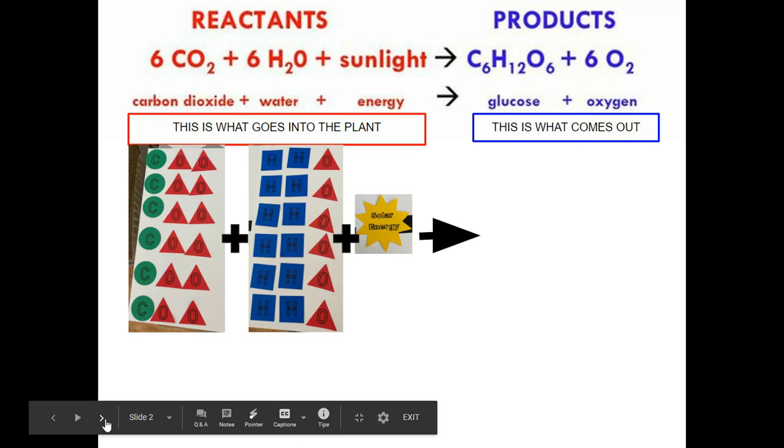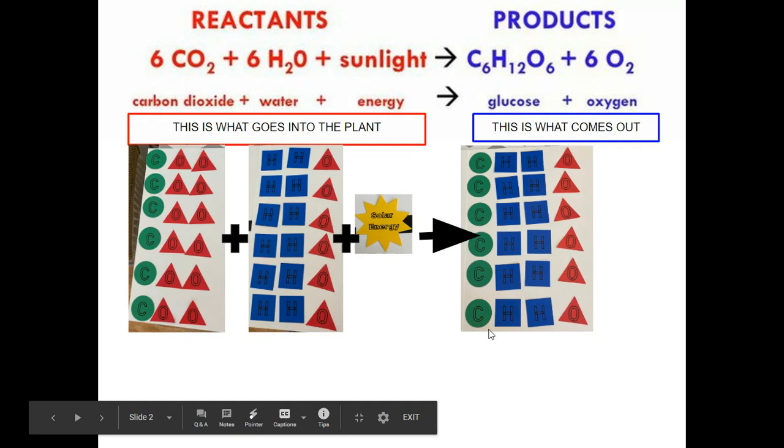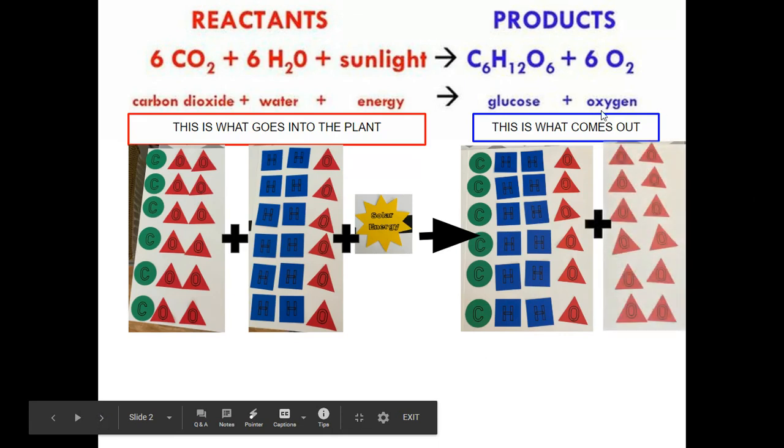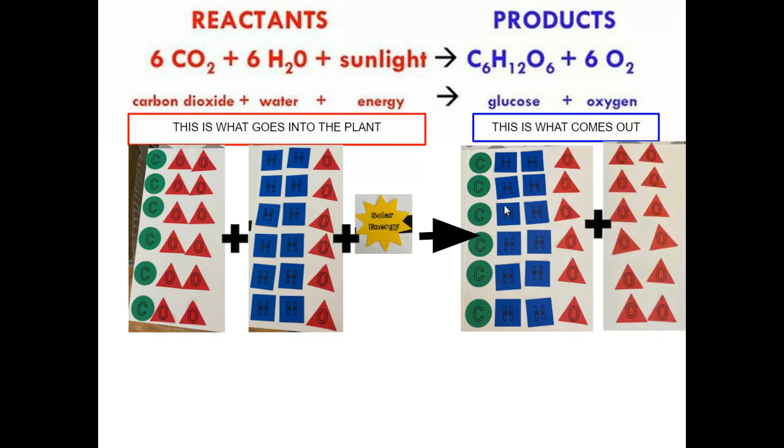Inside the plant, it changes all of these molecules, which are made up of atoms, and then forms glucose, which is carbon, hydrogen, oxygen, and O2, which is just oxygen.